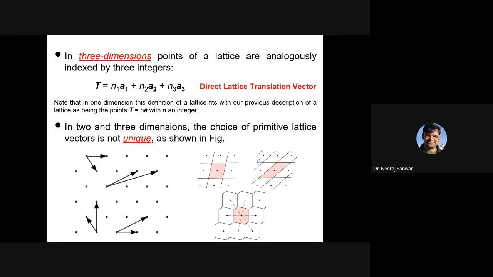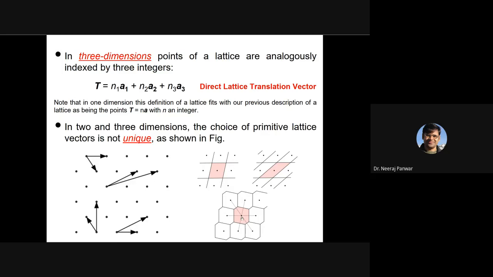Similarly, we are going to shortly define the minimum volume cell. The choice of the minimum volume, or minimum area in 2 dimensions, is also not unique. We can choose an area like this, or like this, or like this.